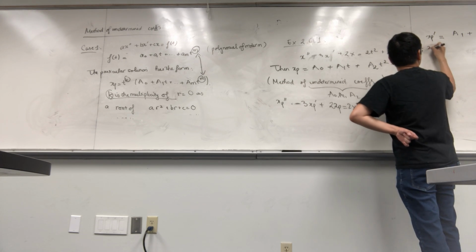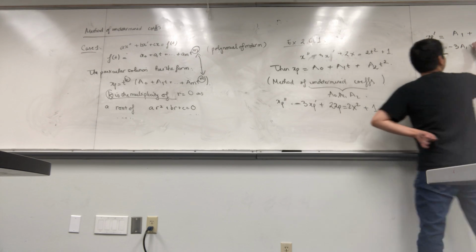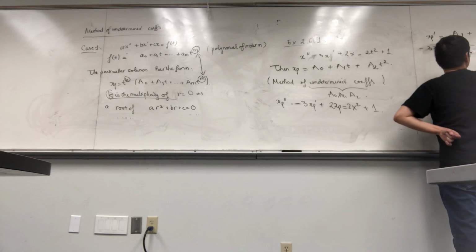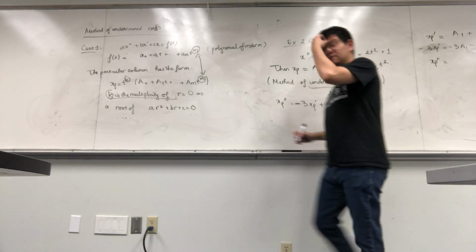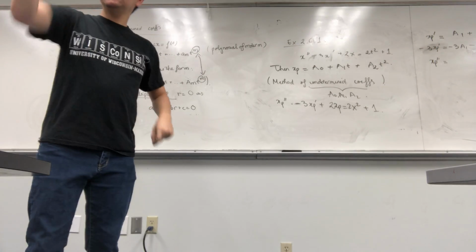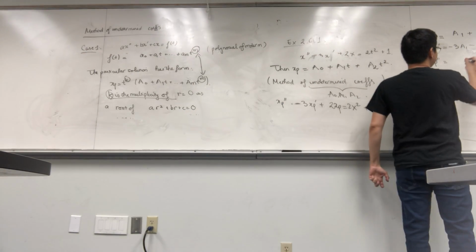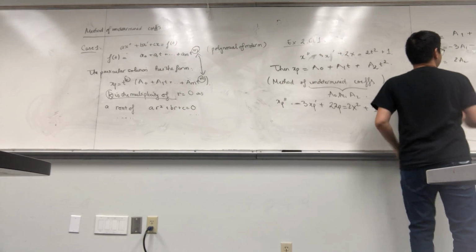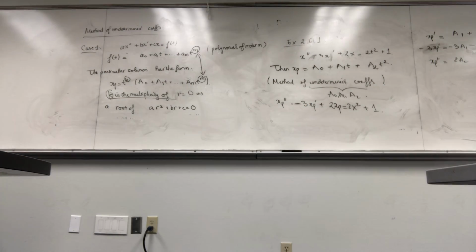So minus 3xp prime will give me minus 3a1 minus 6a2t. So xp second is 2a2.